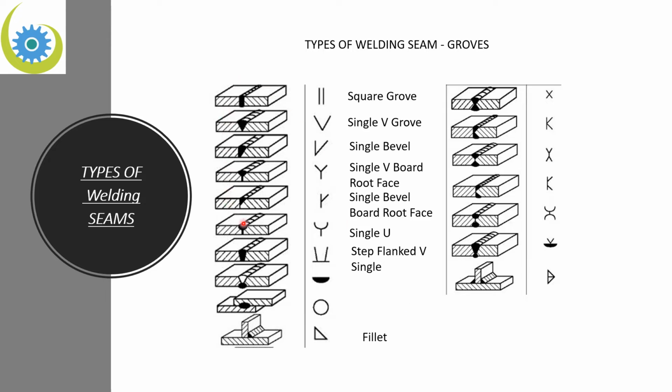This gives you an idea about the geometry of the edges of the pieces that you will fix together. For example, here the edges are 90 degrees in a square groove. But if you take a look at a single V groove, you have here an edge that might be 45 degrees at each plate, so that you can apply the seam.